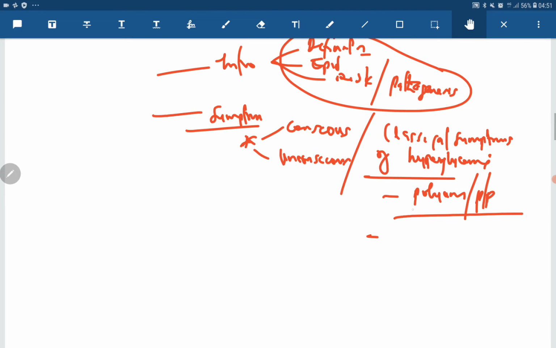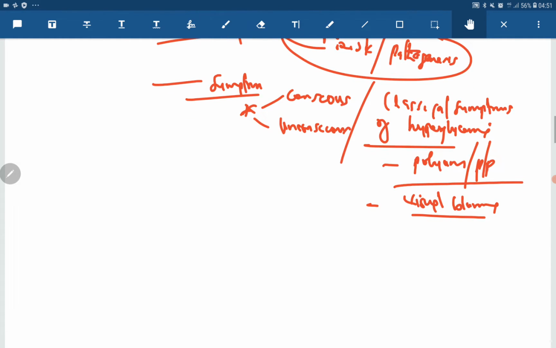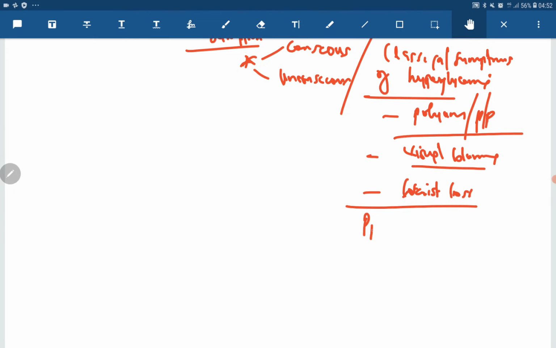Then they can also have visual blurring, and then of course because of the polyuria they lose weight too. So we can talk about weight loss that they can have. And then we talk about the precipitants in this case, which can be infection. So they can come with fever, or maybe some features to suggest the source of infection, like cough in case of pneumonia.